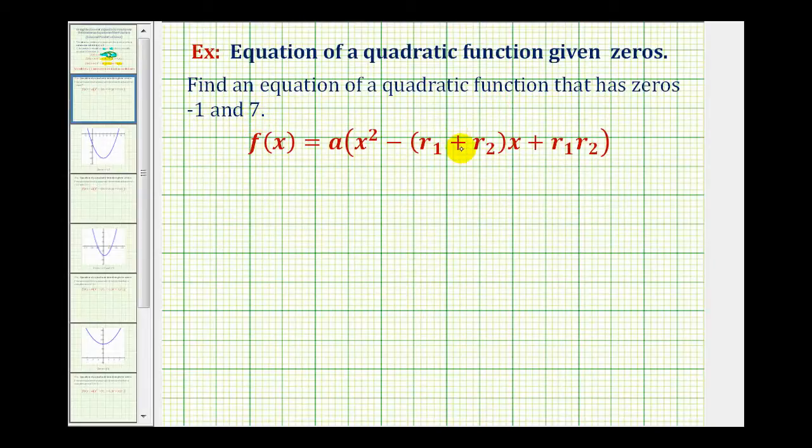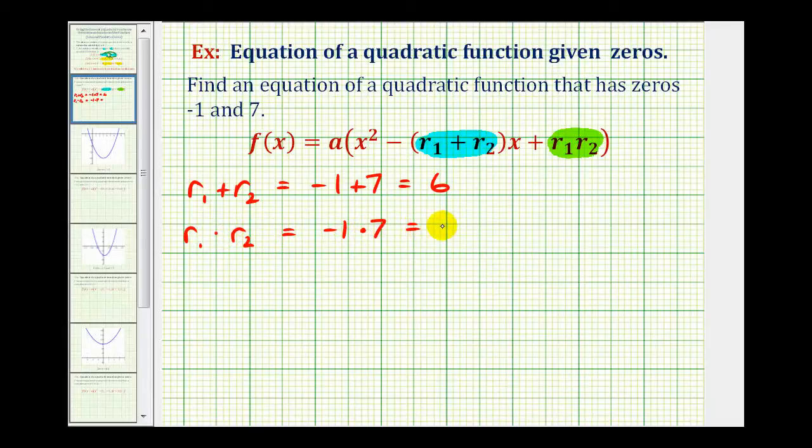So we're going to sum the zeros and put that number here, and then we'll find the product of the zeros and put that here. r sub 1 plus r sub 2 is equal to -1 plus 7, which is +6. r sub 1 times r sub 2 is equal to -1 times 7, which is -7. And because we're not going to have any fractional coefficients, we'll go ahead and let a equal 1.